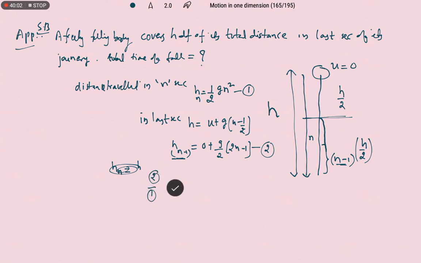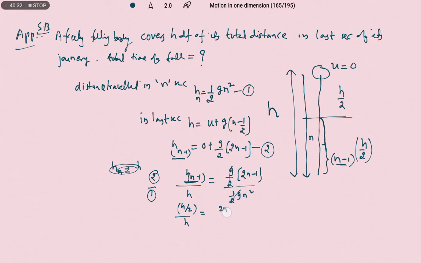So h by h is equal to g by 2 times 2n minus 1 over half g n square. So this height is given. What is this height? Half of the total height. This we can write as h by 2 by h is equal to, we can cancel half g, it gets cancelled.